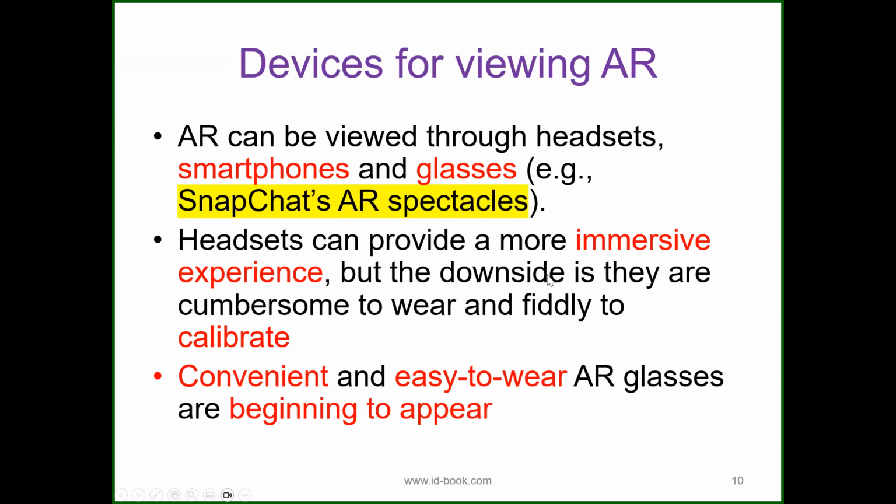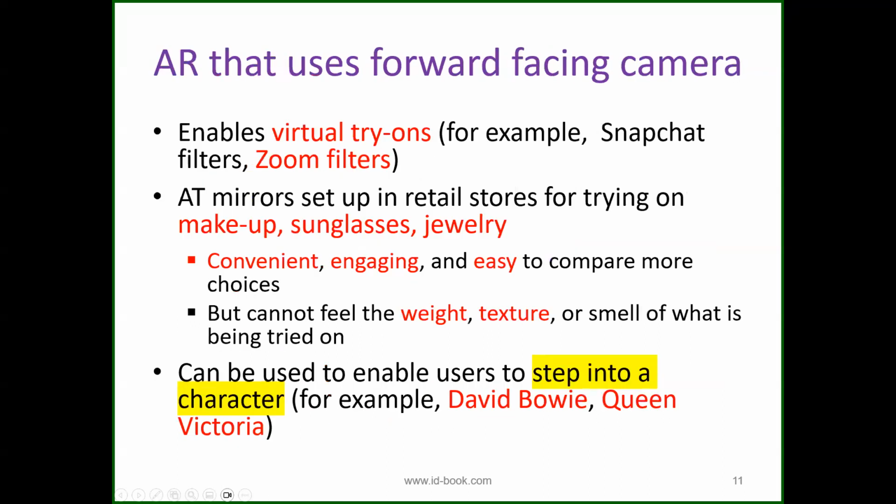Headsets can provide a more immersive experience, but the downside is that they are difficult to wear. They become heavy on the head, so it's difficult to wear and fiddly to calibrate. Convenient and easy to use wearable AR glasses are also becoming available in the market.